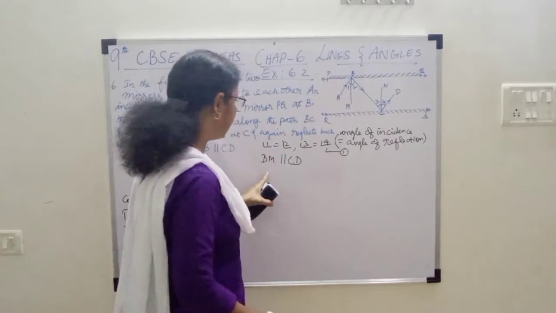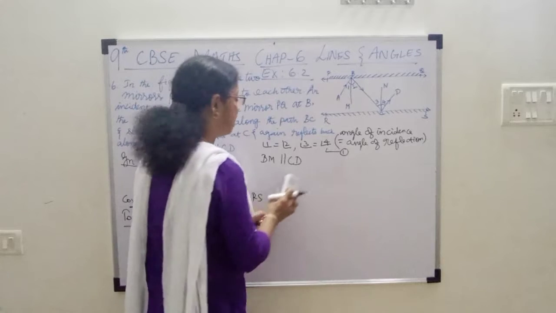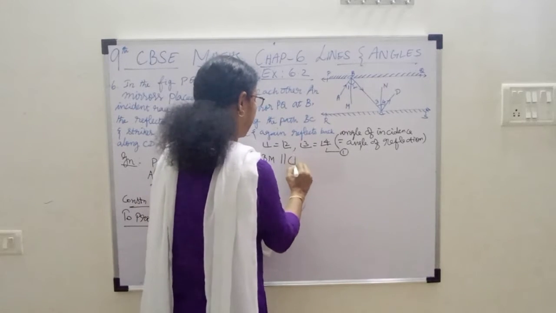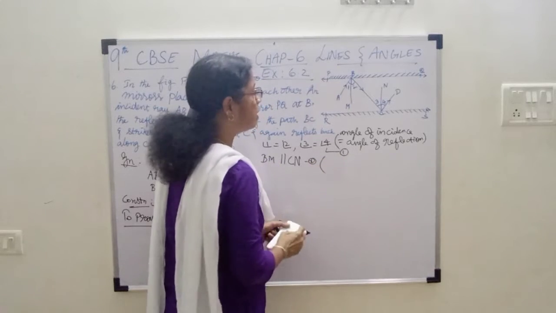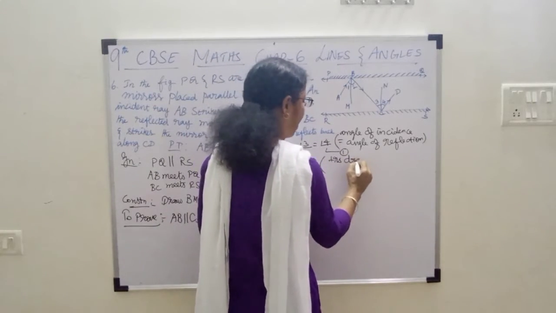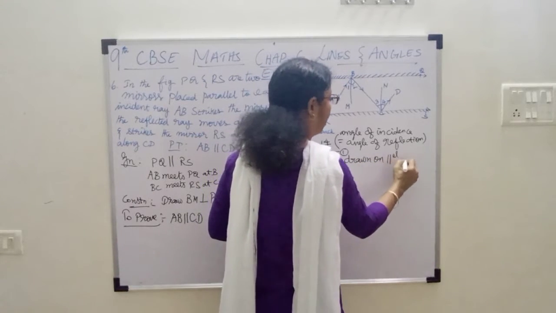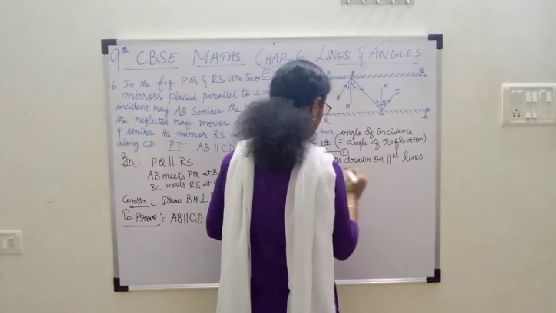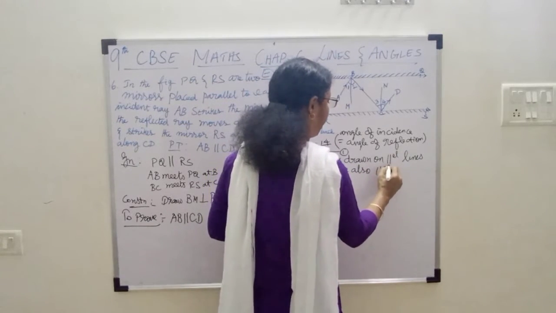Now I am saying that BM is parallel to CN. The reason is perpendiculars drawn on parallel lines are also parallel.